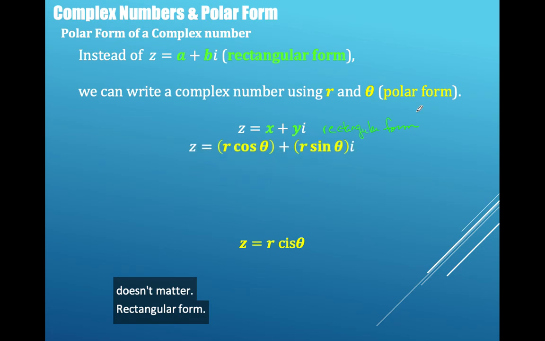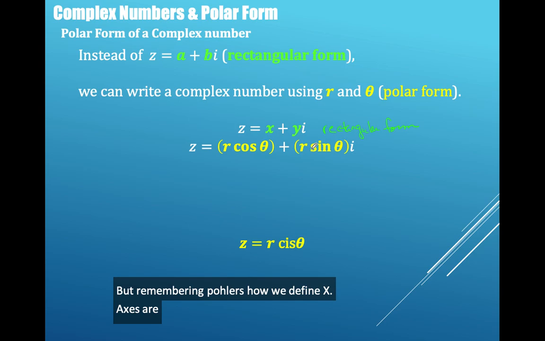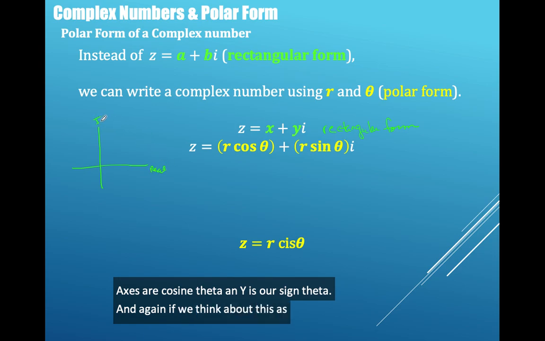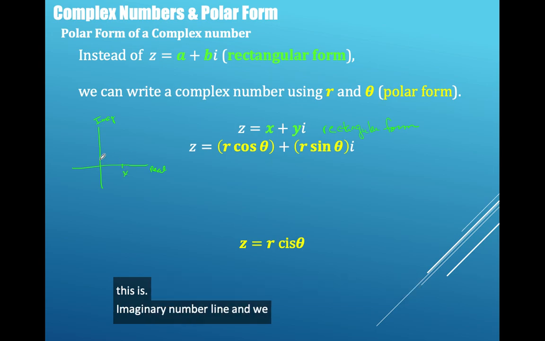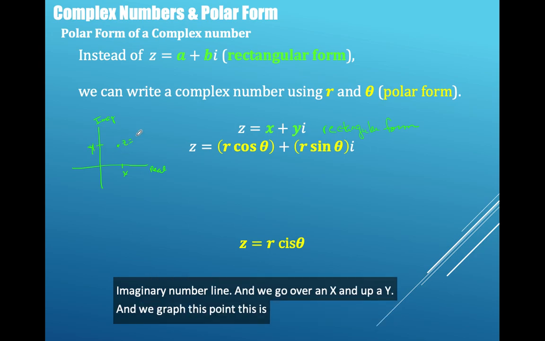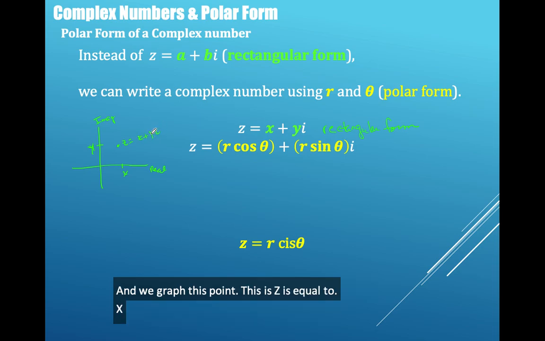But remember in polars how we define x? x is r cosine theta and y is r sine theta. And again, if we think about this as the real number line and this is the imaginary number line, and we go over an x and up a y, and we graph this point, this is z equal to x plus yi, and we talk about the modulus.